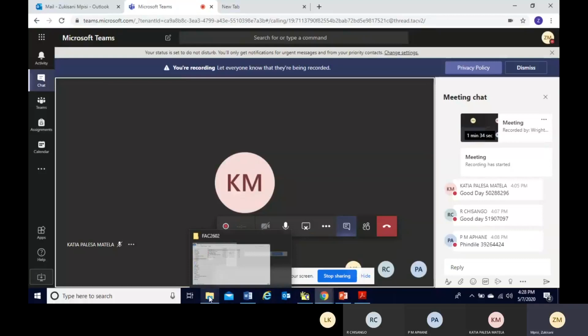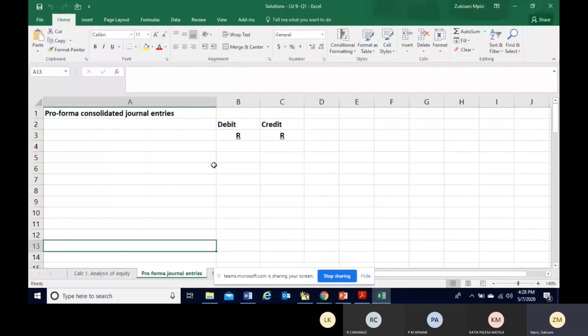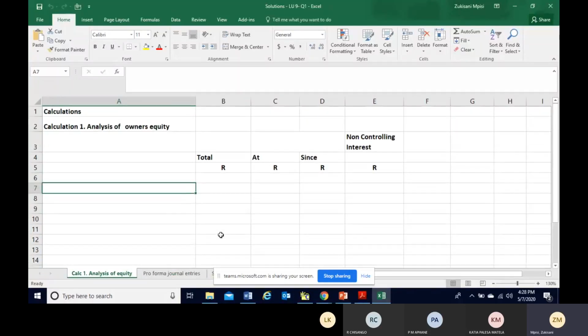So let us go now, and in the interest of time, please note that I've just done a mini template so that we can save on time.